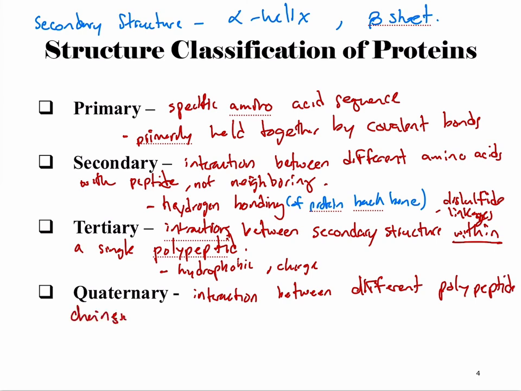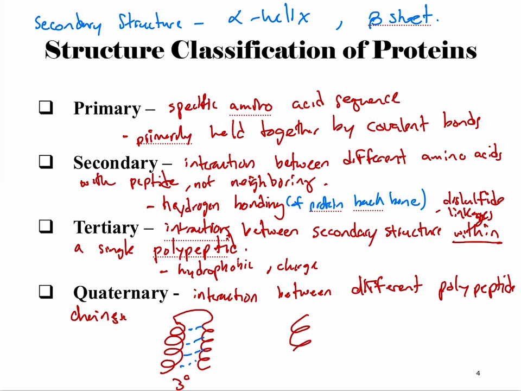So we can have the same type of interaction between two alpha helixes. It can be tertiary or quaternary structure, but quaternary structure means that it has to be between two different chains. So if we have something that looks like this, it would be an example of tertiary structure, and these would be the interactions between the two alpha helixes there.